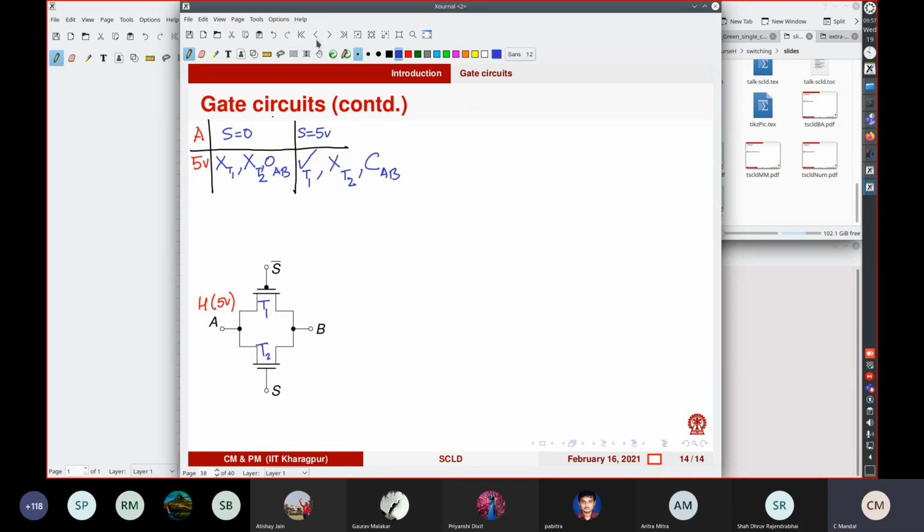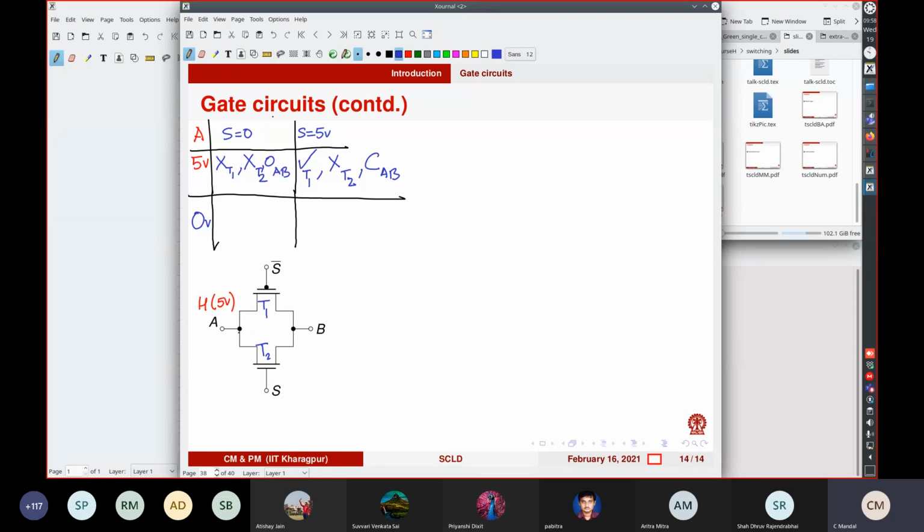And you can now just do the same kind of analysis. Now let us say that A is at a low voltage and S is 0.